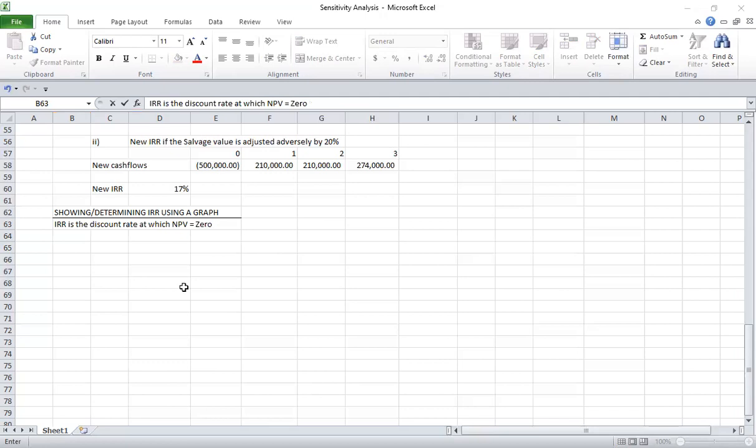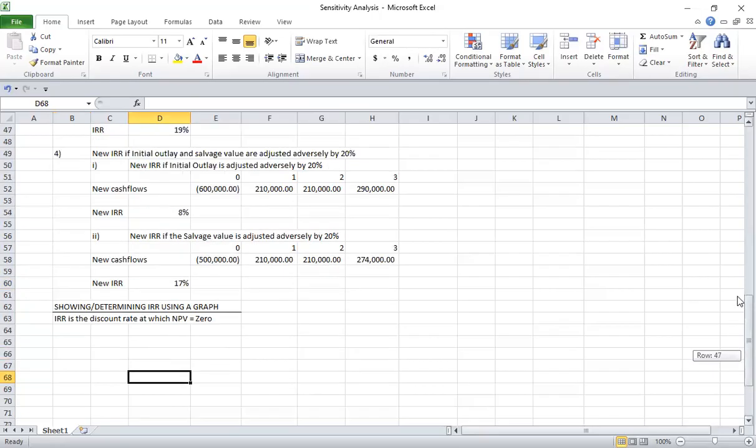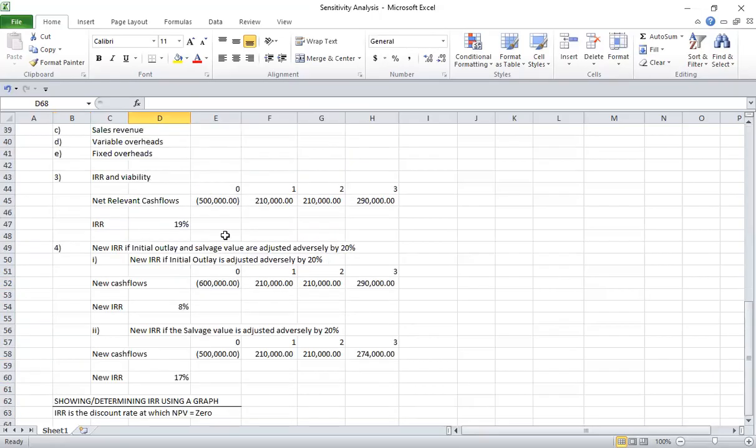All right, if that is the case, then our internal rate of return we had determined at what percent? Remember, at 19%.